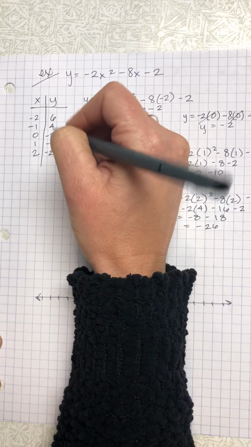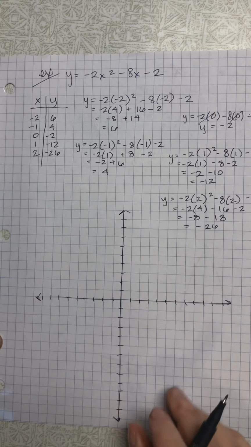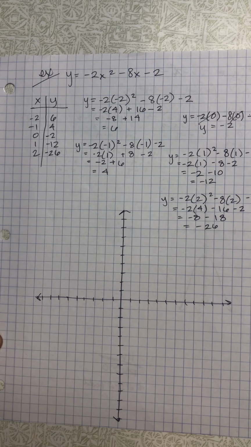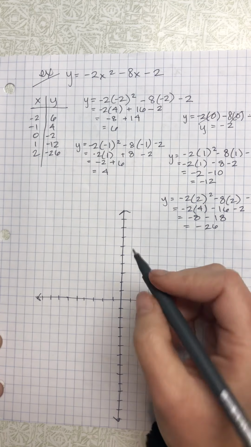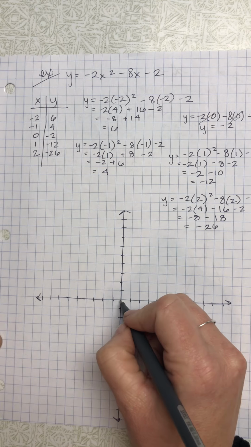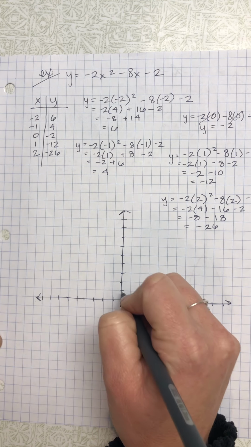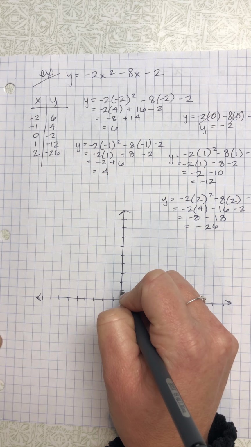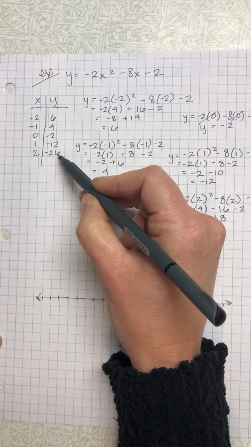So I noticed that there aren't repeats in my table like the last ones. So we're going to graph it and take a look at what we have. -2 and 6. Uh-oh, these are big numbers, huh?